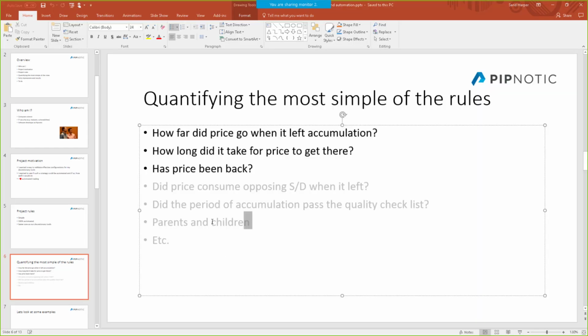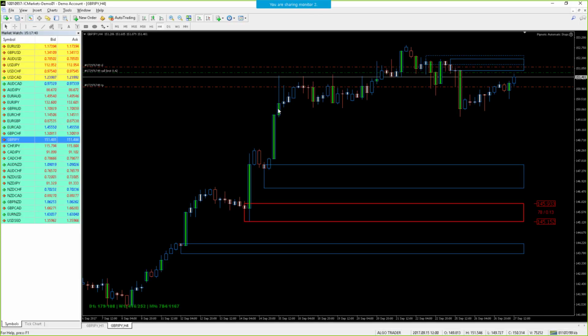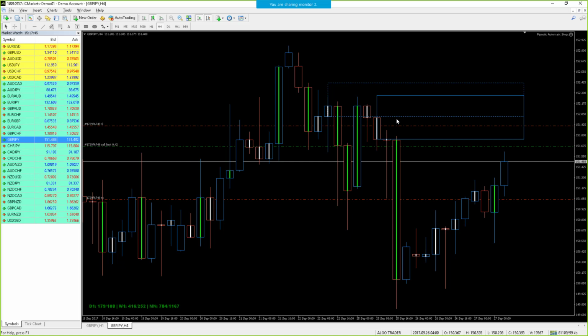And then there's a lot about this whole parent and child discussion, but this is something that I wanted to leave out for this project, because it can tend to get a little bit complicated. And just to reiterate that briefly, what that means is that when price establishes an area of supply, price leaves and it tests it and it leaves.